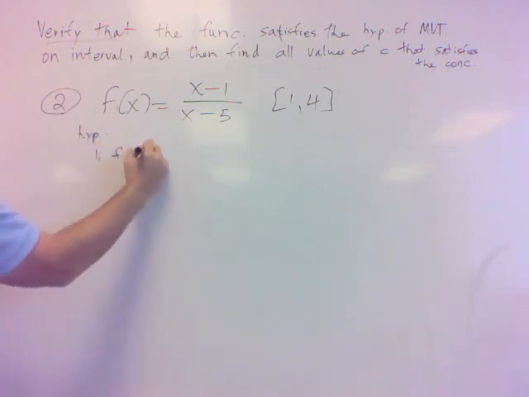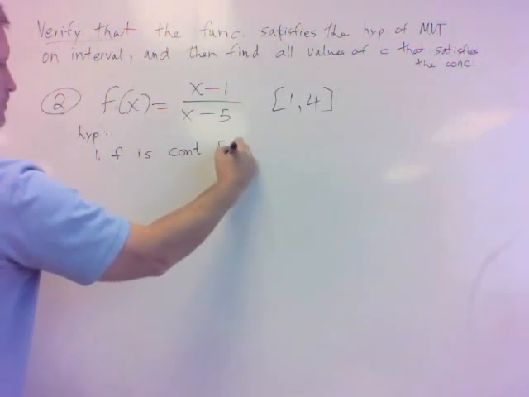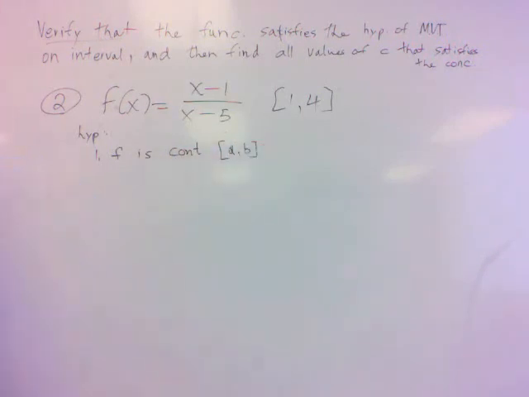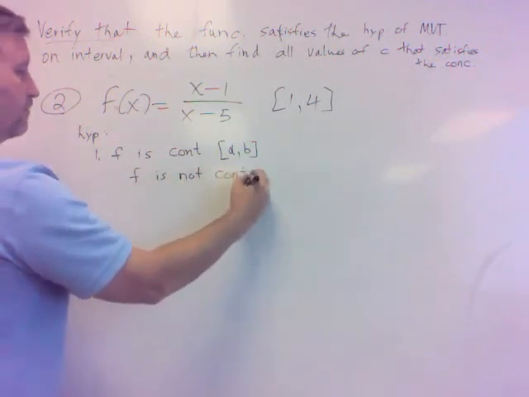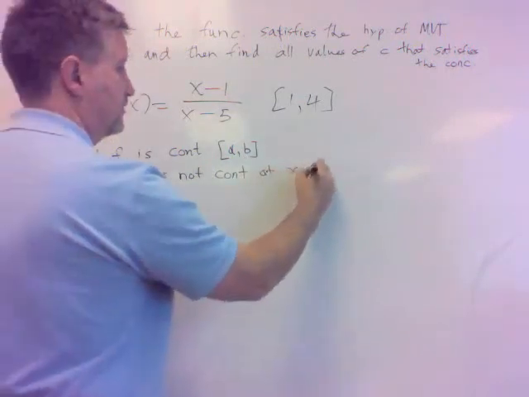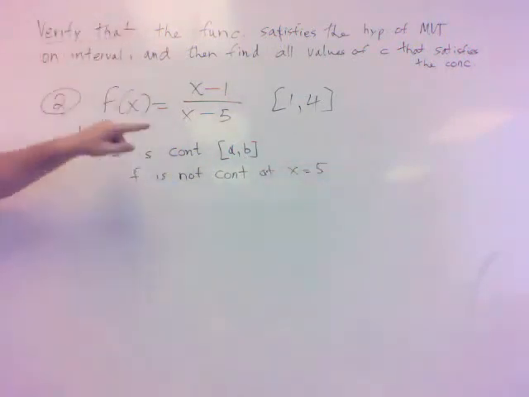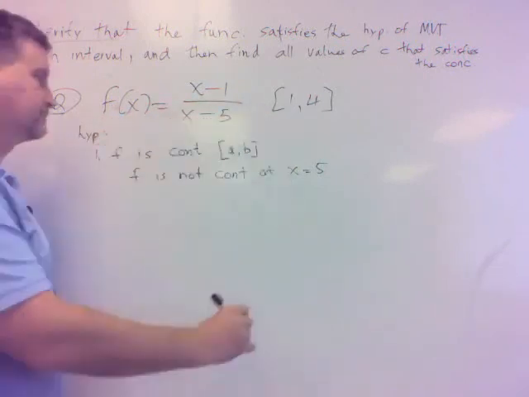So number 1, f is continuous on A to B. One to 4. Well, f is not continuous at a value, is it? But we're still okay because where is f not continuous? F is not continuous at 5, right? Making the denominator 0.